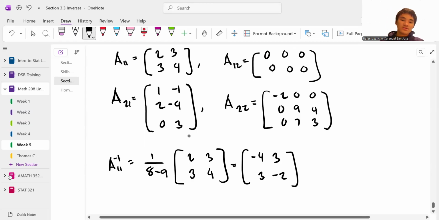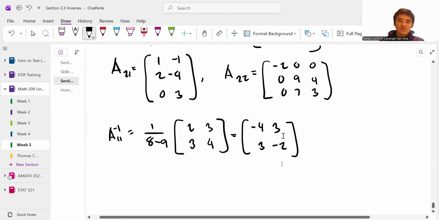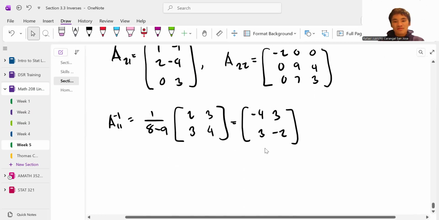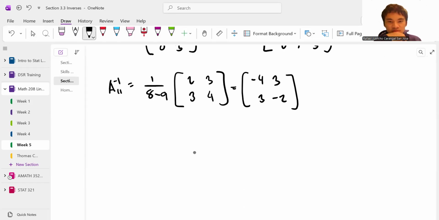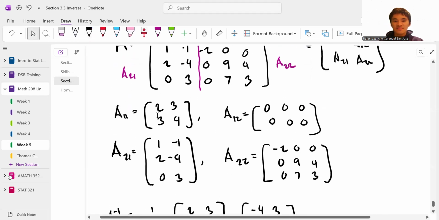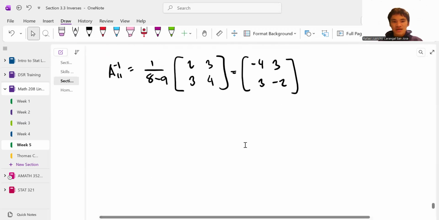And the way to check is, if we multiply this matrix by this matrix, it's going to be the identity. If I multiply this guy by this guy, all right, so we have that.